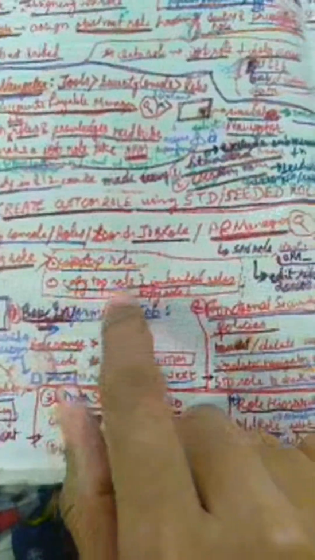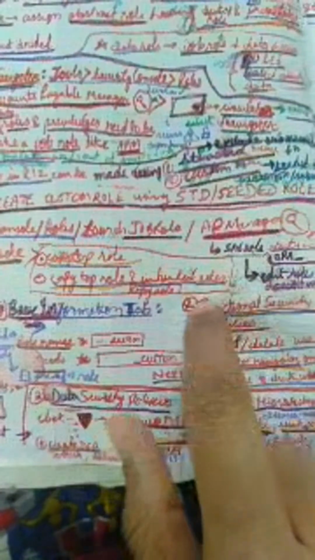If I select copy top role and inherited roles, these inherited roles are nothing but duty roles and all the privileges and everything associated with this job role. So we'll select the first one, copy top role. Once I select this, there are 6 sections that appear to provide information for creating a new role.